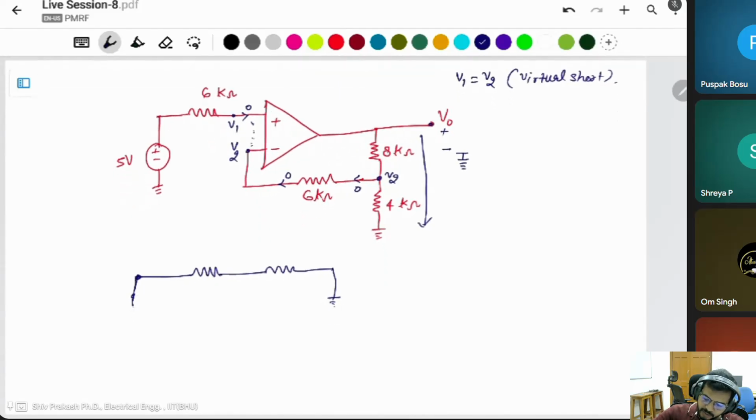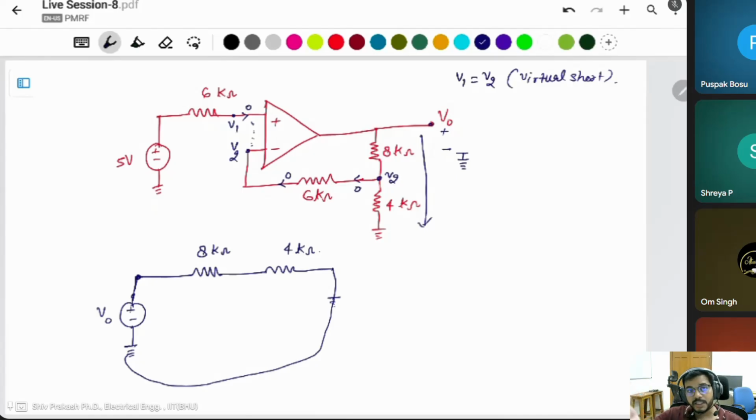This is the voltage source. You can say this is the output voltage, and there is a ground like that. This 8 kilo ohm and 4 kilo ohm are connected in series because there is no current passing through. And this voltage is given as V2.